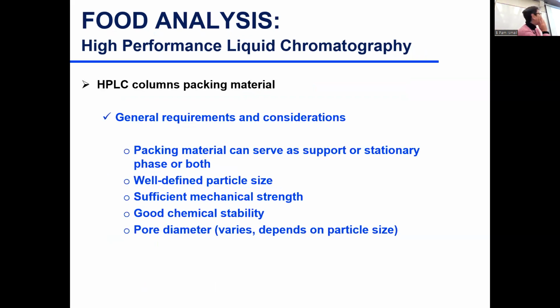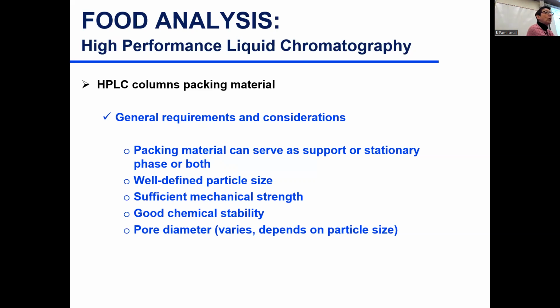All right. So when we think about packing material, this is kind of a known thing. HPLC columns usually have very sturdy support as a packing material. You have very well-defined particle size with a very small standard deviation between them, so you don't have large and small and a wide range of particle sizes.